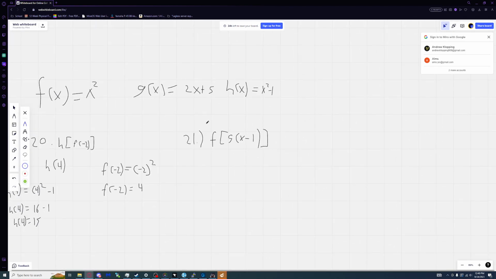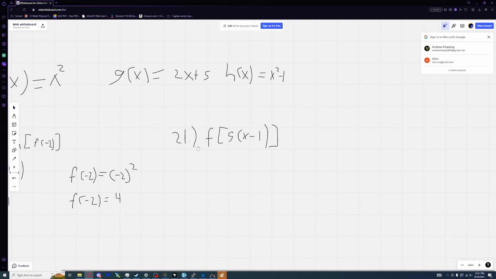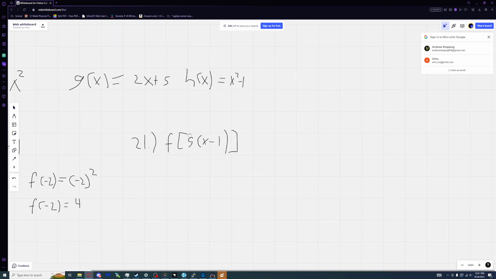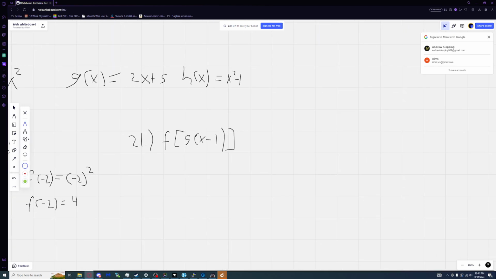So whenever you're given f of g of something, whatever is inside of the equation, so the g is inside the equation for the f here, you think of that as a number, not as a variable.